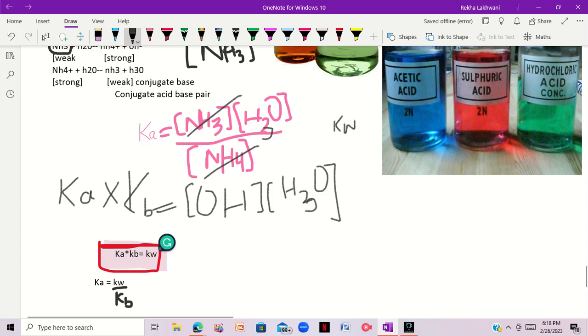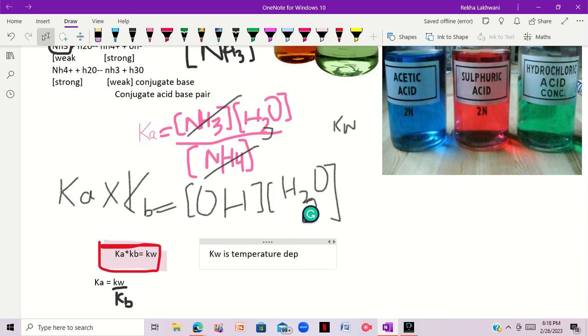Every temperature has its own Kw, so Kw is temperature dependent, but obviously it is constant for a particular temperature. We have studied this in my previous video too.